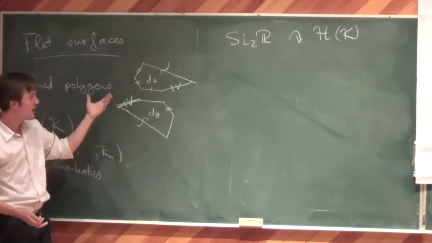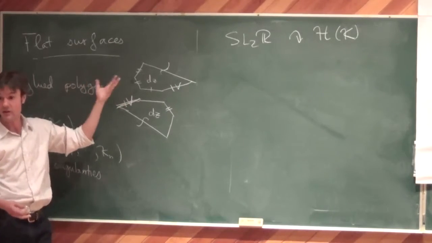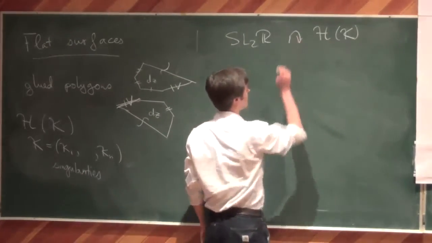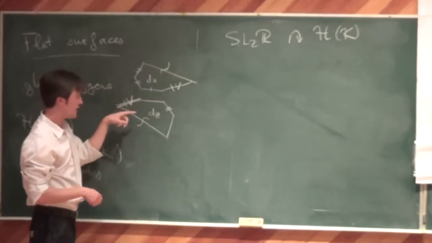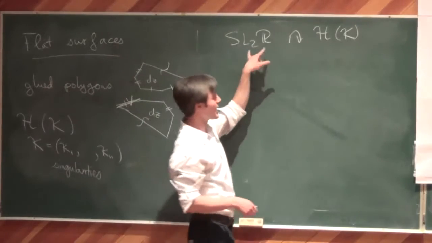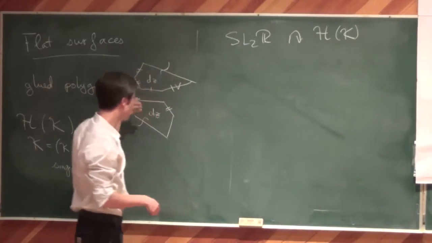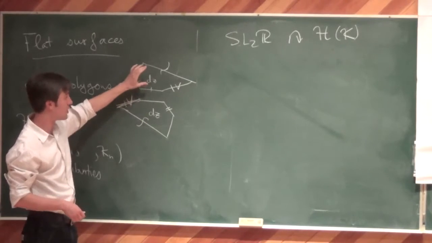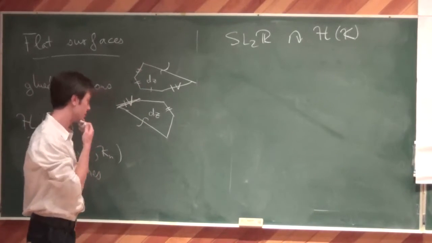They'll have the same length, and so you can glue them together and get a new surface. Understanding the dynamics of this action on this big space is important for understanding the dynamics of just the vertical flow on a specific individual surface.